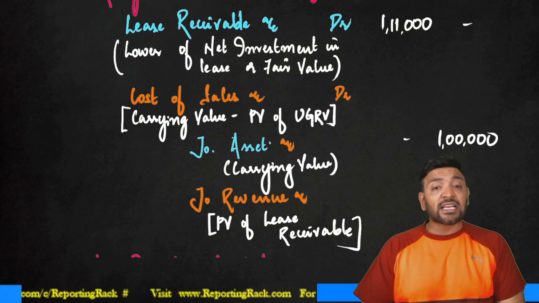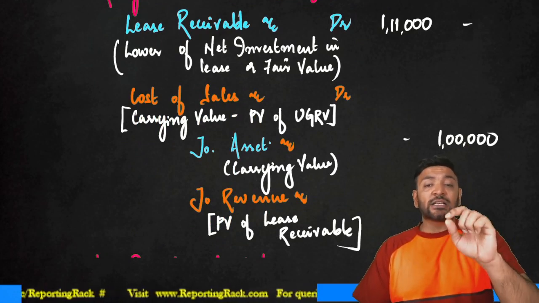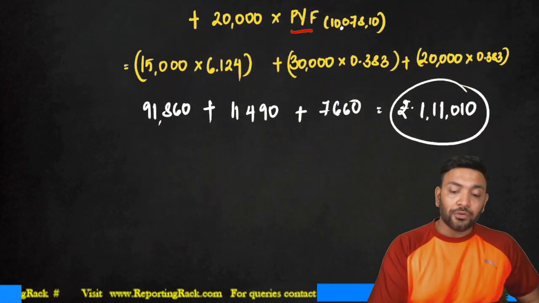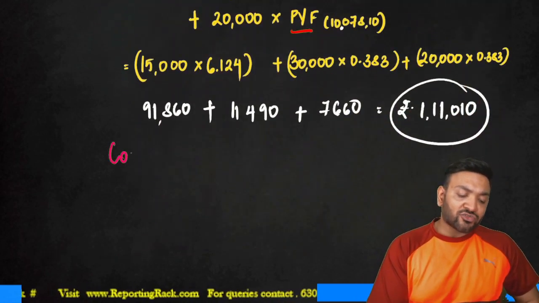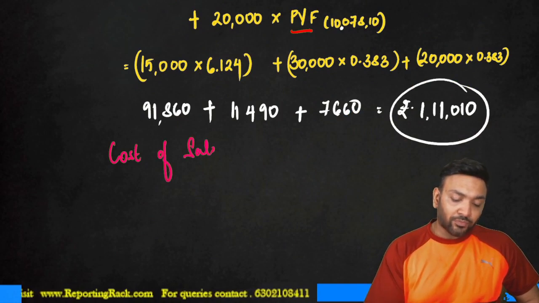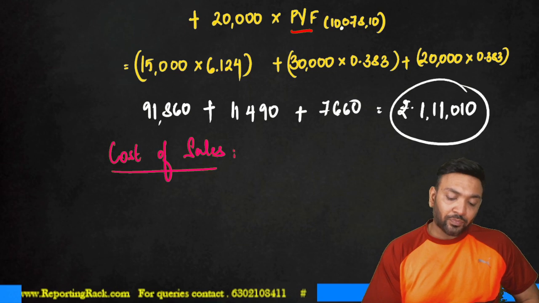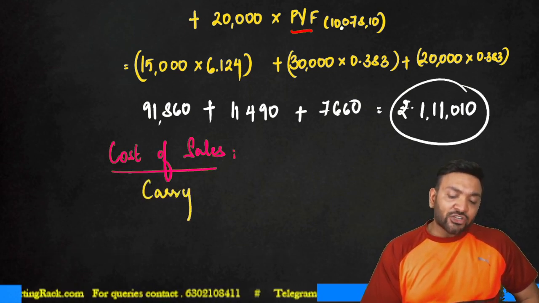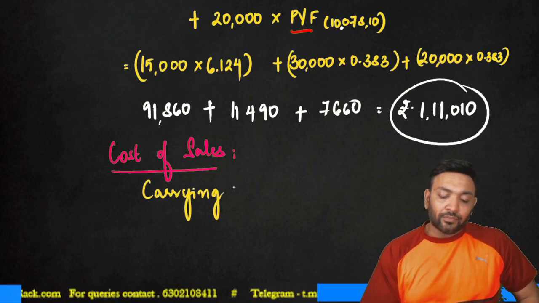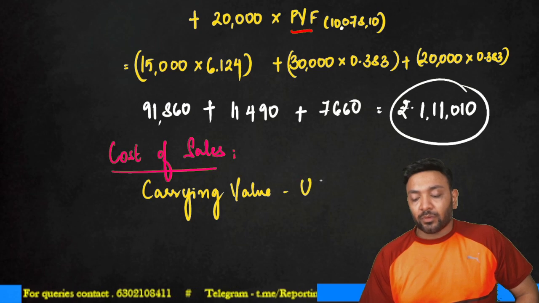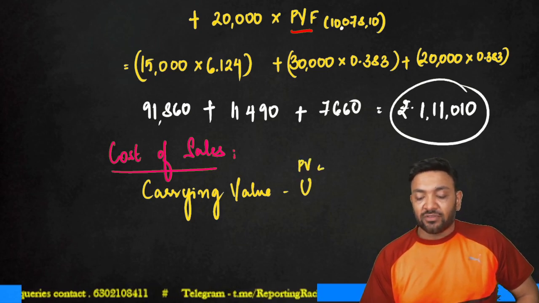What is your cost of sales? Carrying value minus present value of UGRV. Write down below. My cost of sales is equal to carrying value minus present value of UGRV.